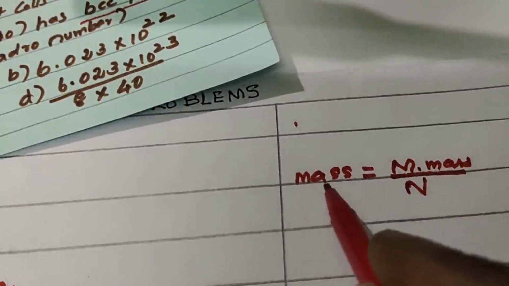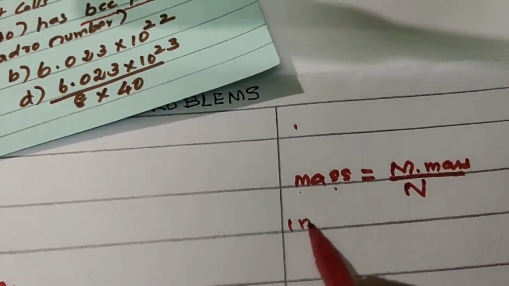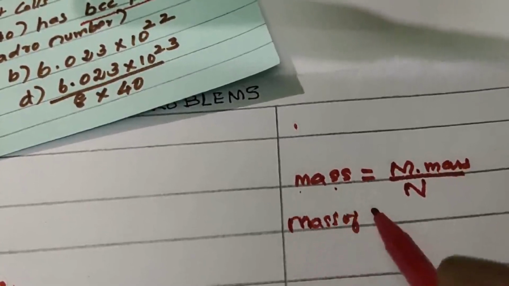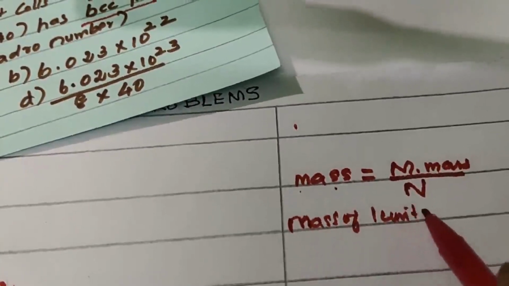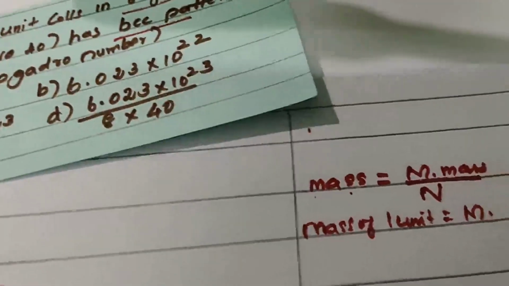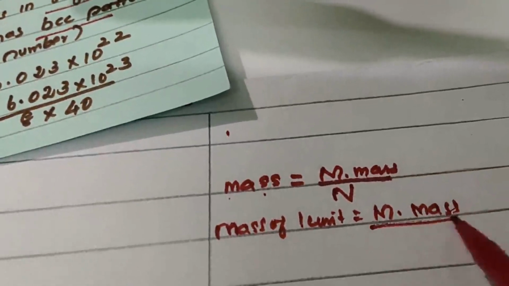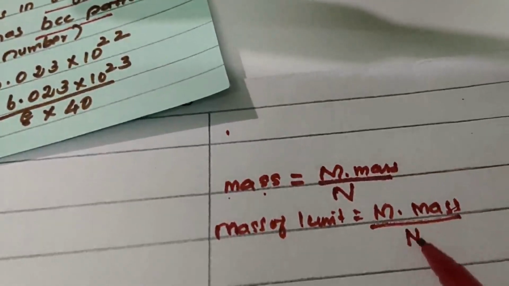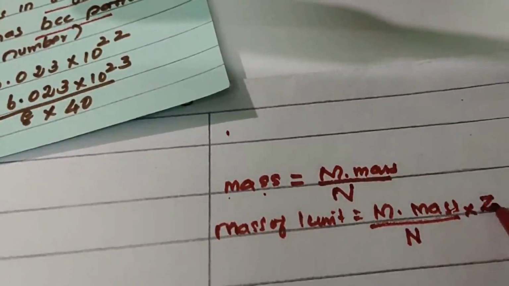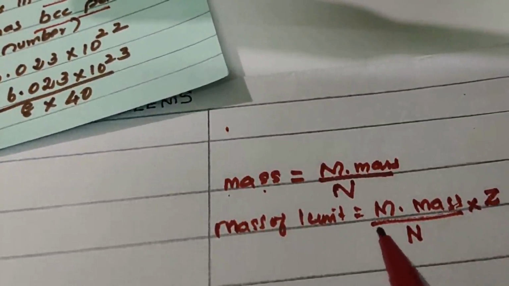Then the mass of one unit cell is calculated by the formula. Mass of one unit cell is equal to molecular mass divided by N into the number of atoms per unit cell, that is Z. This is the calculation for mass.